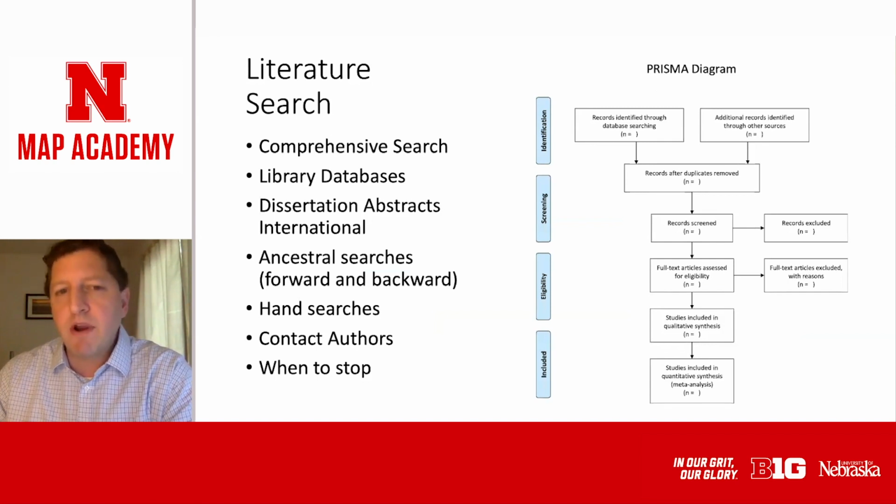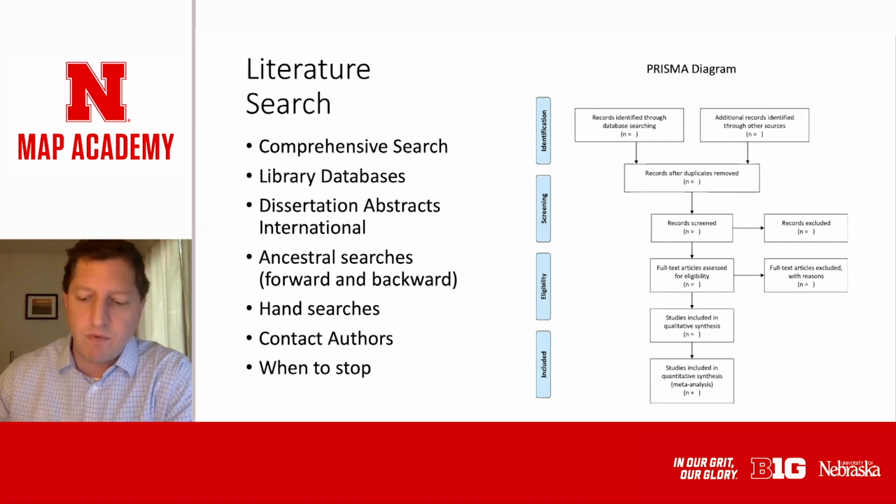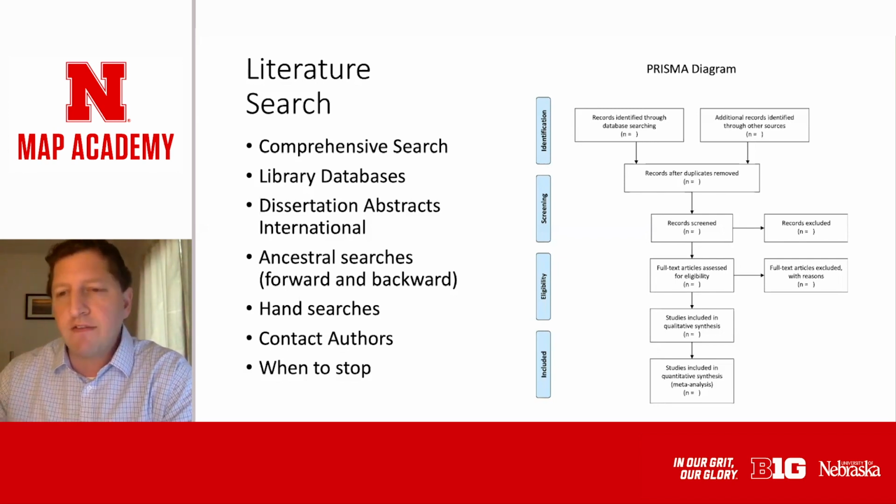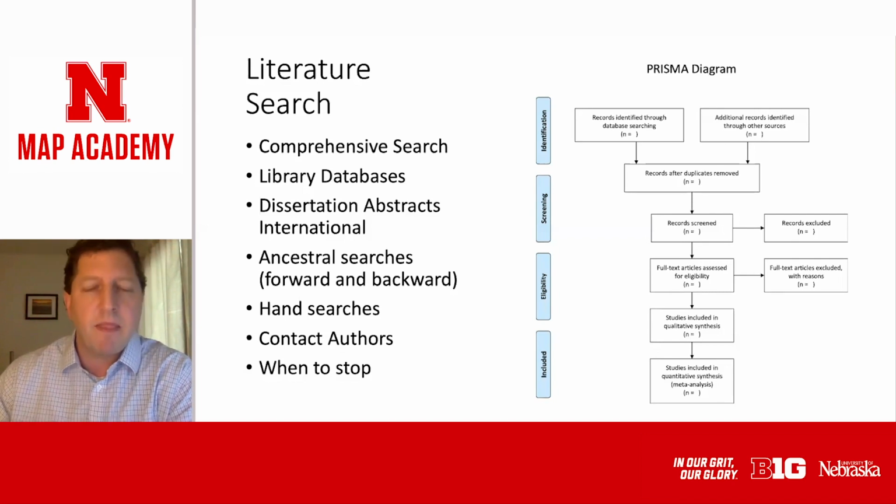The primary one being that many times we hear people talk about publication bias in the fields, or in all of our fields, right? Where studies that don't find effects are studies that don't get published, right? And so if we're doing a meta-analysis and we're only looking at studies that are published, and if that publication bias is real, then we're going to have an inflated sense of what the effect size is.